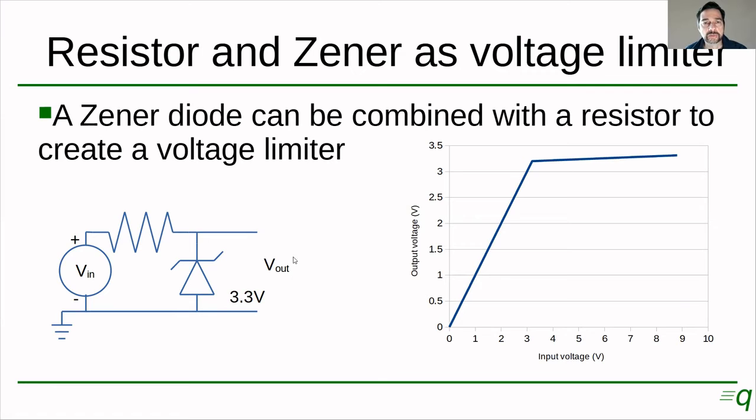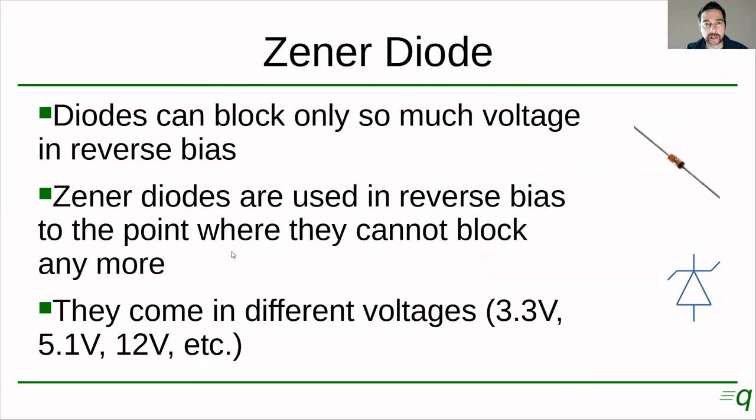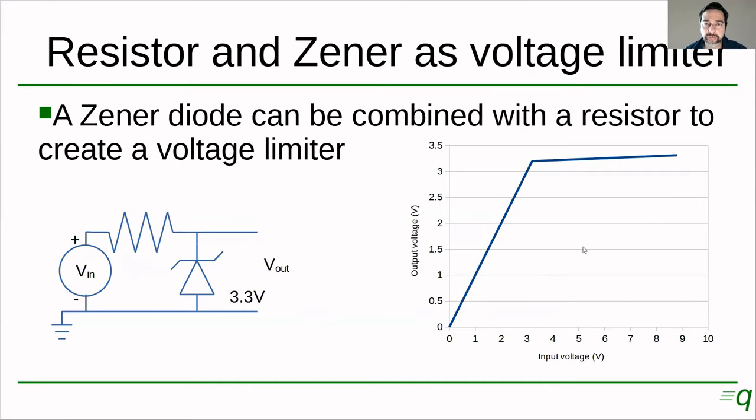And then we have an output voltage which is taken between the anode and cathode of the Zener diode. By the way, this is the symbol of the Zener diode, and in the previous slide, we saw what they looked like. They look like these glass diodes with the cathode marked with a band of a different color.